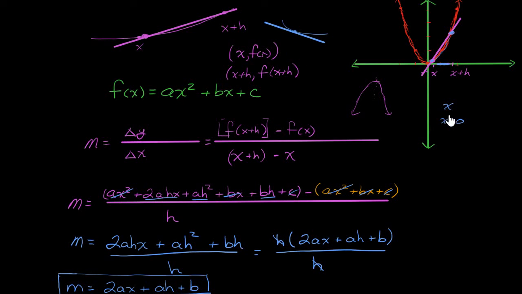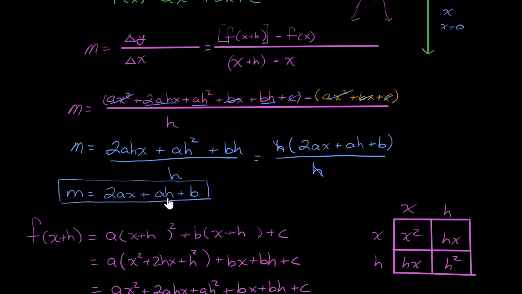So I'm just going to let h become 0, and it's the slope of that line tangent to the curve for any given value of x. So if I let h become 0, I get the slope is 2ax plus b.